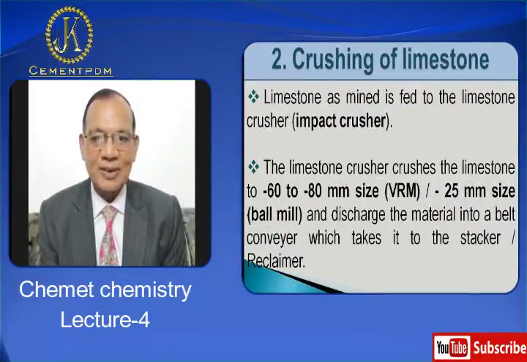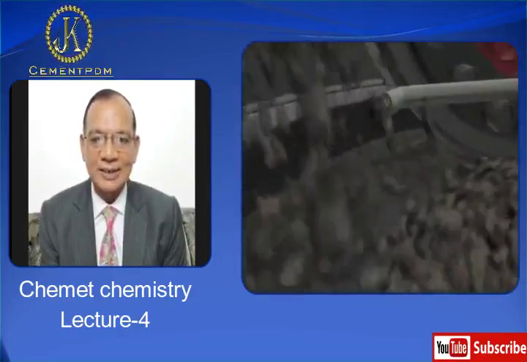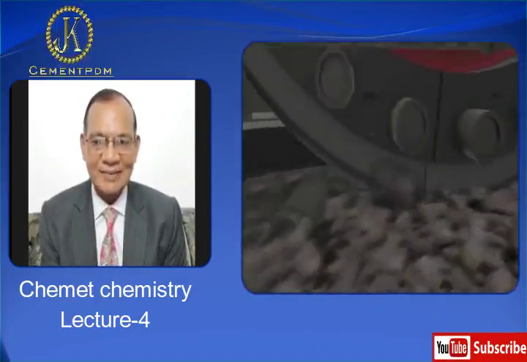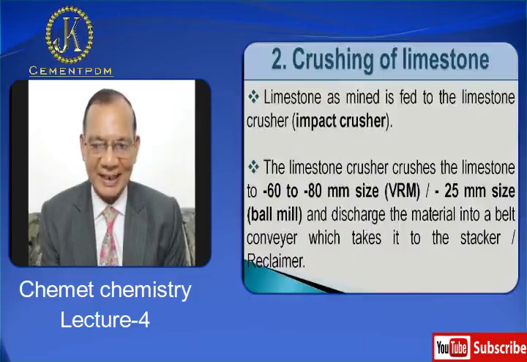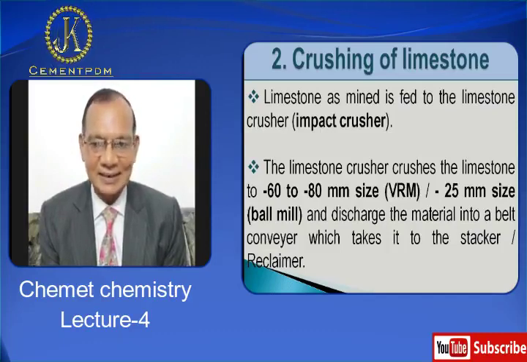The limestone crusher crushes the limestone to -60 to -80 mm size if you are using vertical roller mill or VRM for grinding, or -25 mm size if you are using ball mill for grinding, and discharge the material into a belt conveyor which takes it to the stacker and reclaimer.